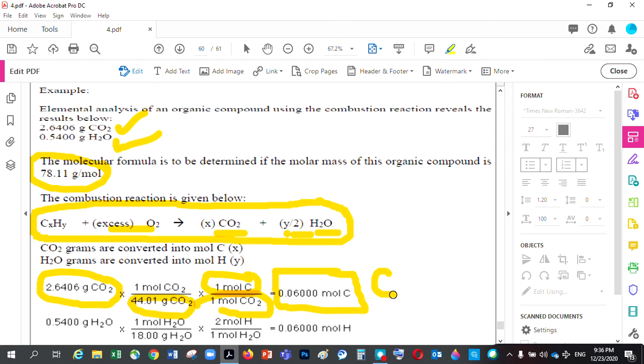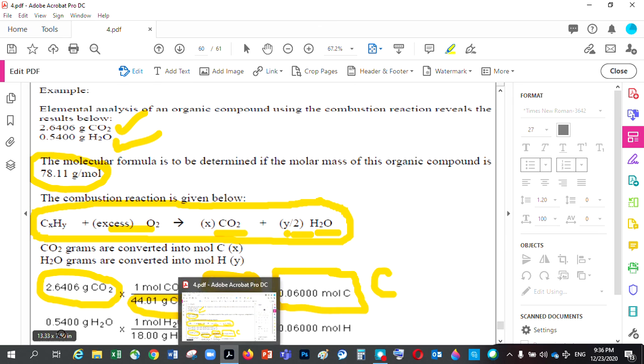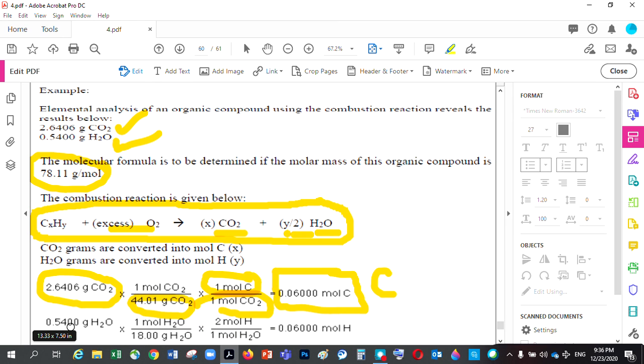So carbon here is determined. The hydrogen is 0.450 gram H2O, 1 over 18, that's the molar mass of H2O. And I have 2 moles. We have to watch for this. It's y over 2 because hydrogen is 2. So we have 2 moles of hydrogen in 1 mole of H2O. So I get the same thing here. This is hydrogen.